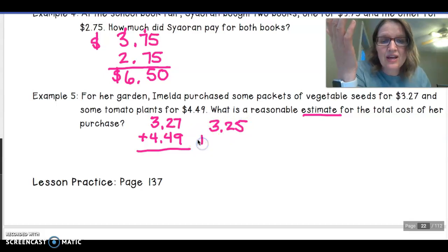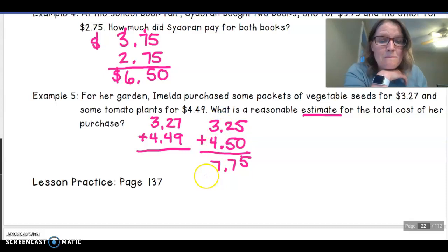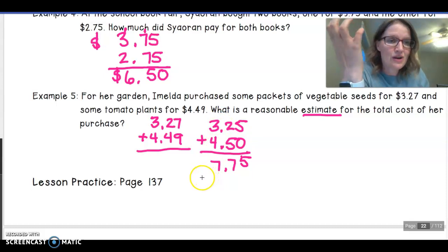And I could say $4.50, because for me, it's really easy to add 50 plus 25. That's like 1/4 plus 50 cents. Super easy for me because I know that these two make 75 cents. So I know that she's going to spend about $7.75.